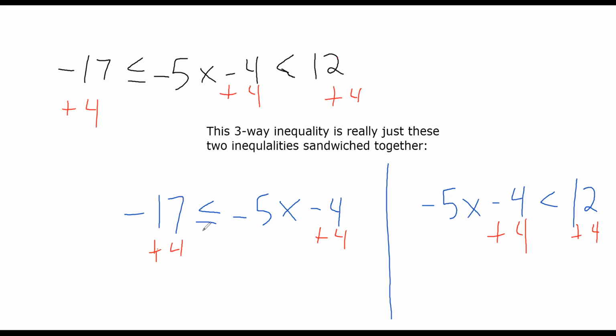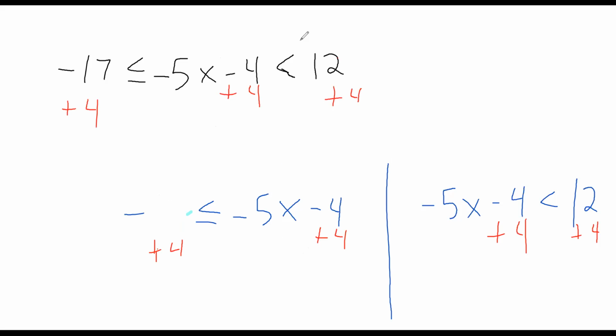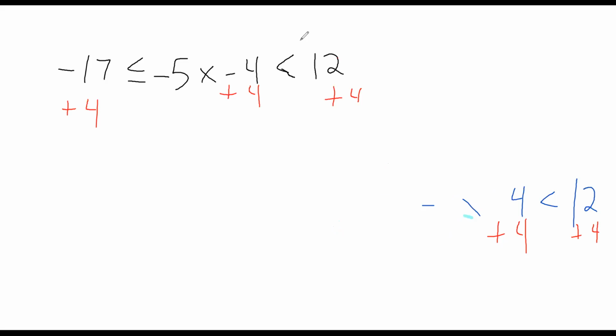It would look an awful lot like I was doing it to each of these 2-sided ones, and that's exactly what's going on. So that's cool. The 3-way inequality allows me to cheat. It's really not even cheating. It's still sound mathematical principles, but it's a nice shorthand method, a nice way to save ourselves a little time and still do everything right.